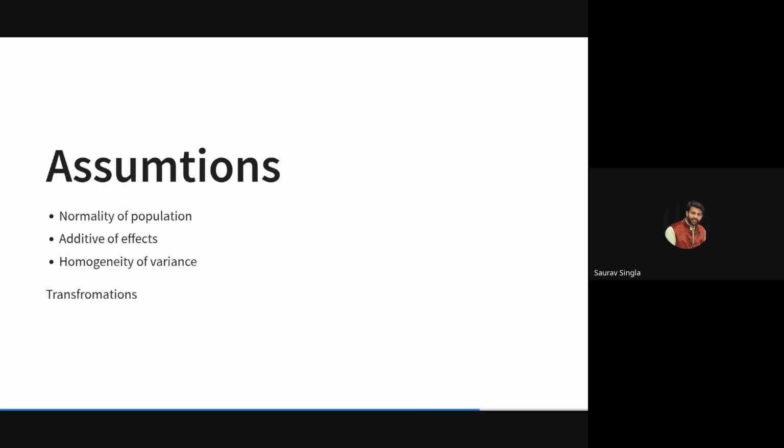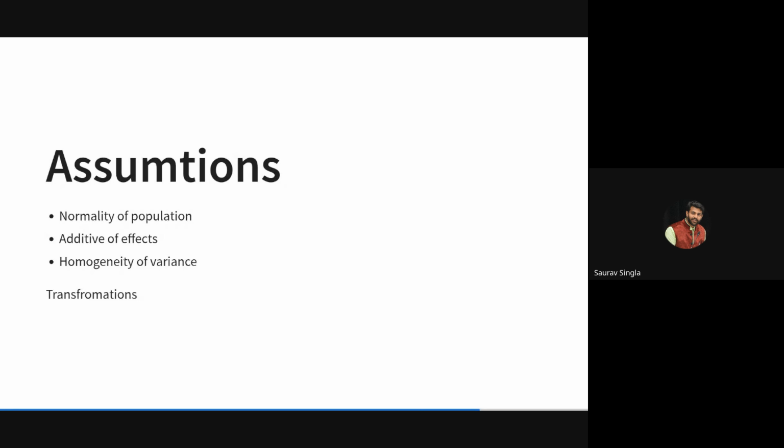You have 20 treatments. All the treatments might have different mean. That is not an issue. But the variance, normal distribution has two parameters. One is mu, second is sigma square. Mu means mean and sigma square means variance.